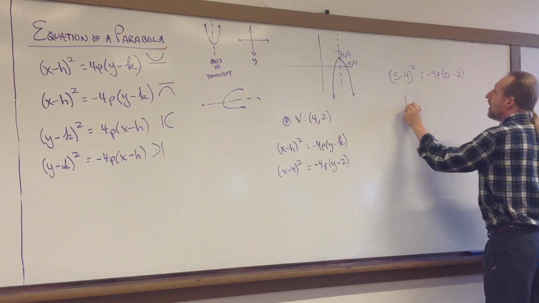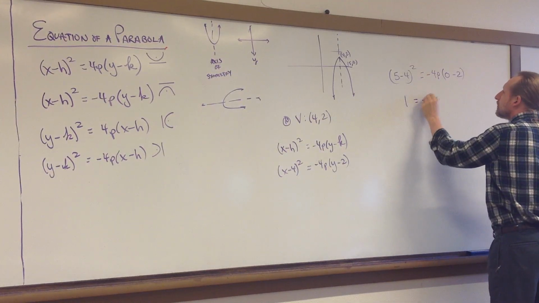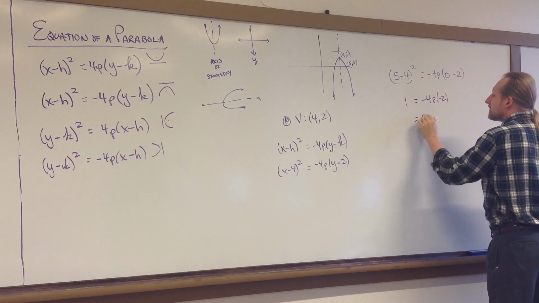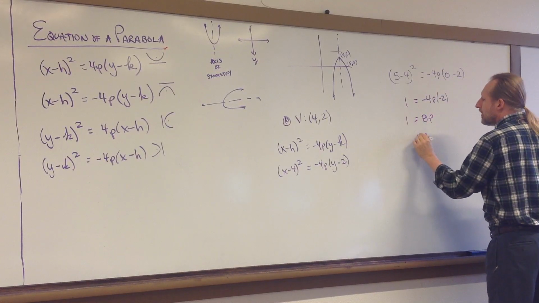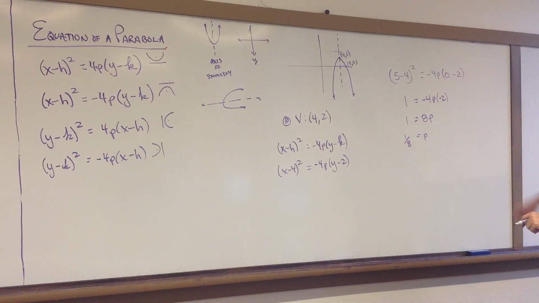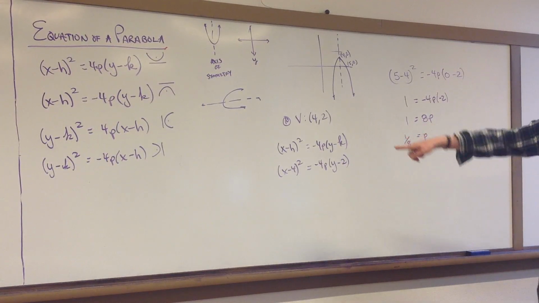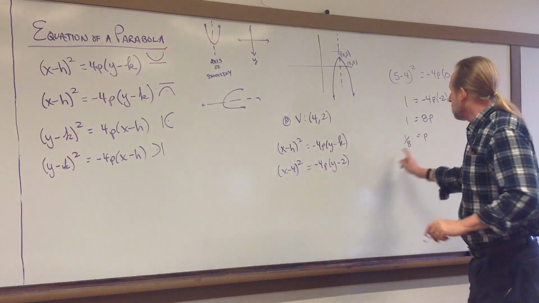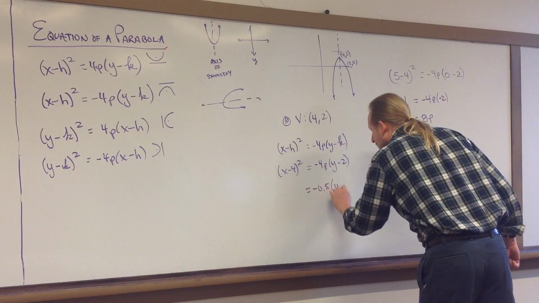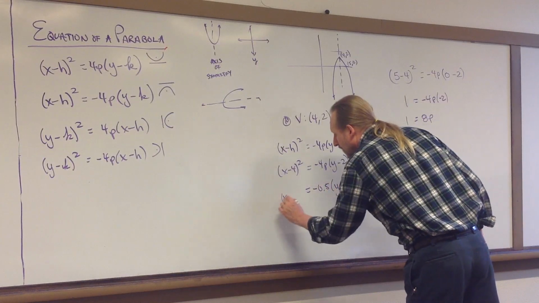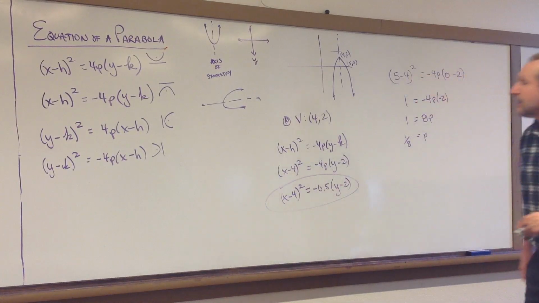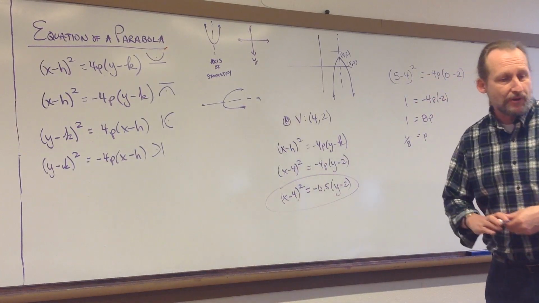So, here's 1 squared equals negative 4p times negative 2. That says 8p is 1, p is 1/8. Okay, so now we can go and put this back in here. 4 times 1/8 is a half. Negative 1/2 y minus 2 equals x minus 4 all squared. And there's the equation for that parabola.